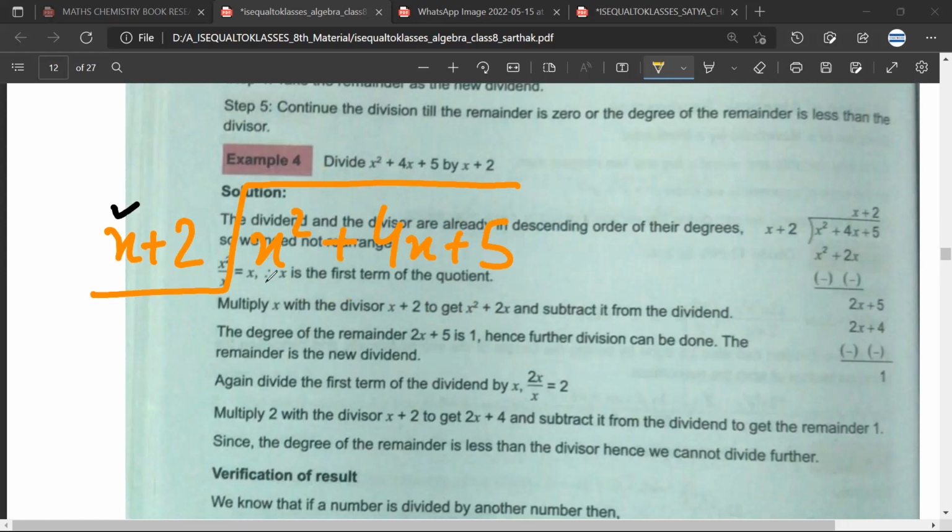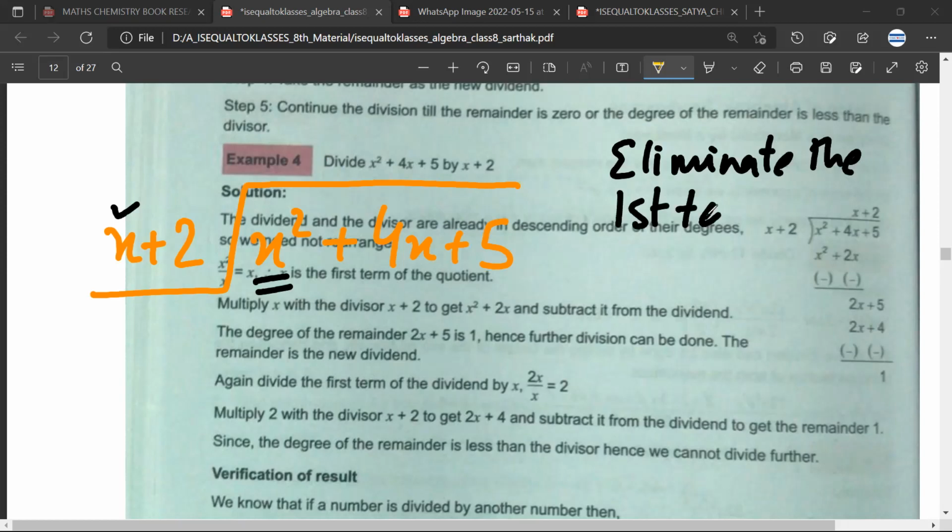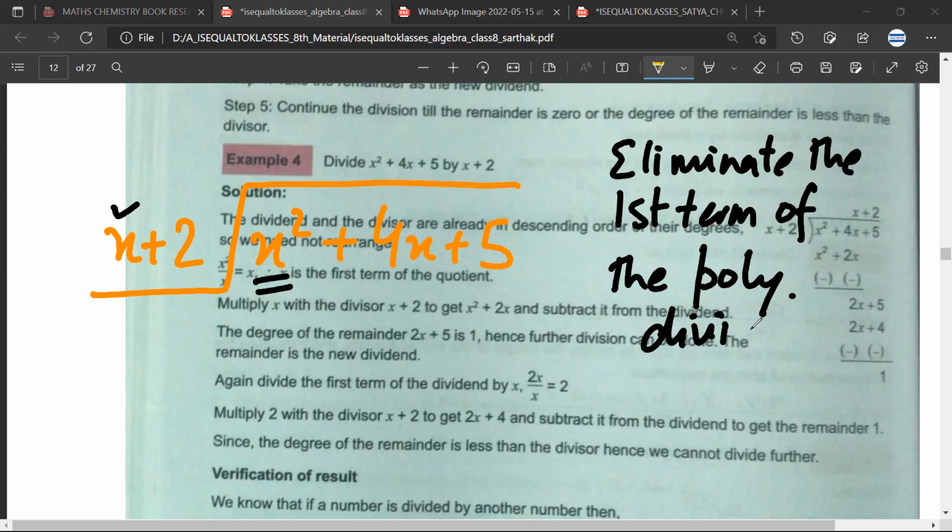Using this, you have to eliminate the first term of the polynomial, or the dividend, whatever you want to call it.